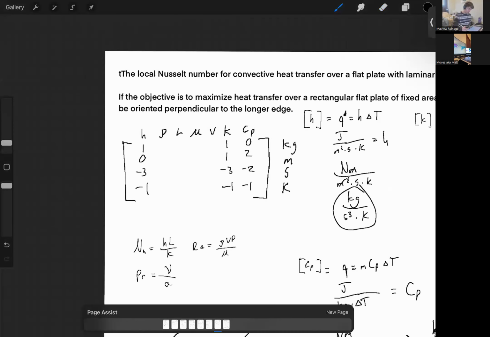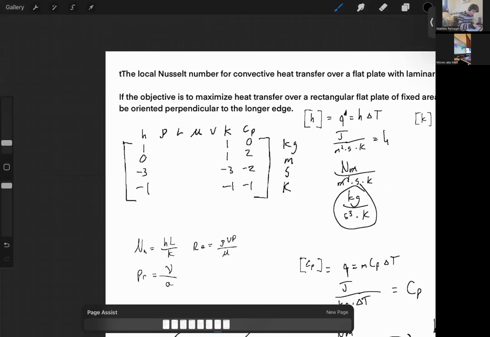And then we know these other groups, we did this in the previous part. Density is kilograms per meter cubed. Length is simply meters. Viscosity is kilogram per meter per second. And velocity is meters per second.